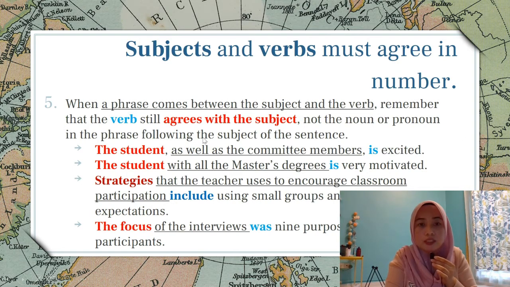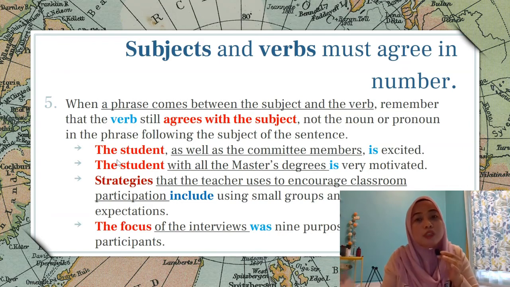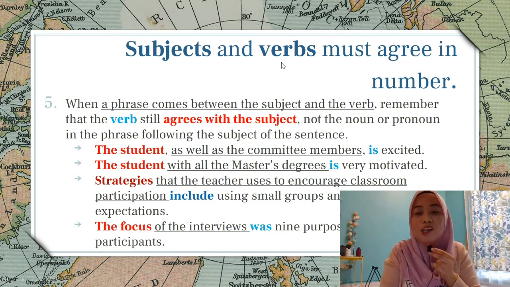The students, as well as the committee members, is excited. If we observe the first sentence here, try to break it down in accordance to the subject, verb, object, and idea. How to do it? We go and find the verb first. Here in the sentence, the verb is obviously "is", the stative verb.